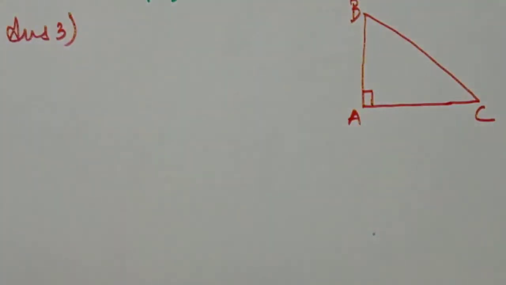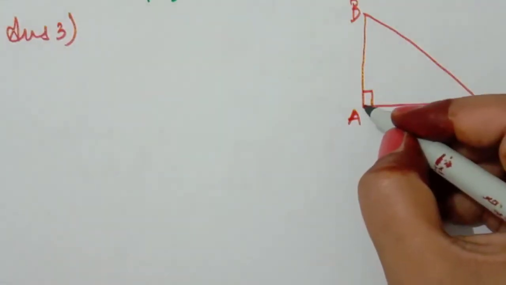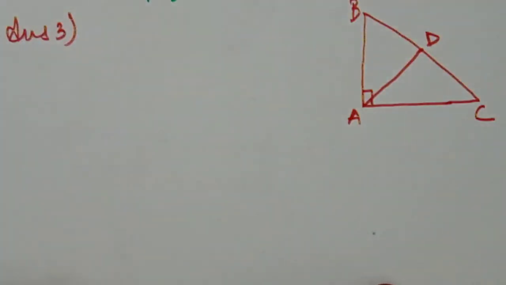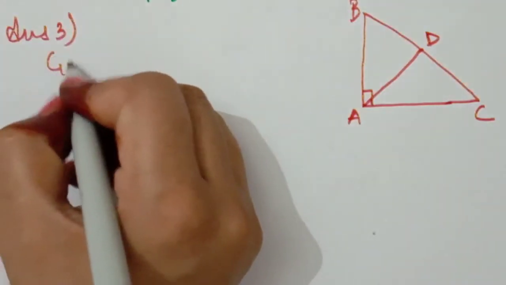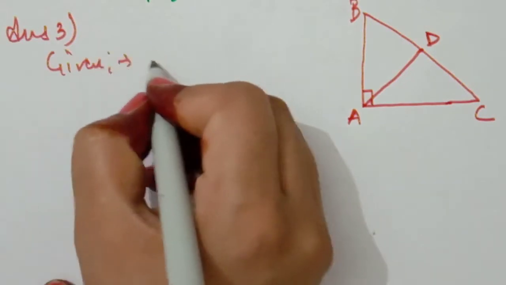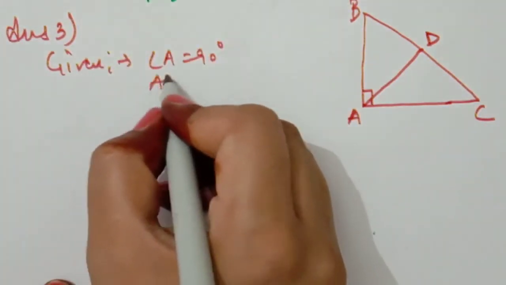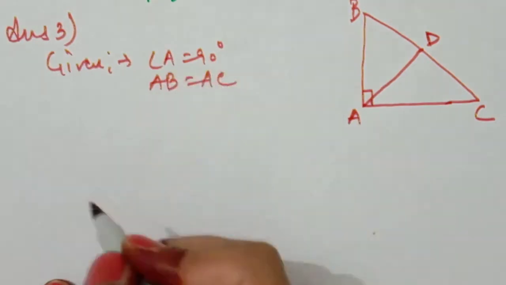It is given to us. So what is given to us? First of all, angle A is equal to 90 degrees and AB is equal to AC.